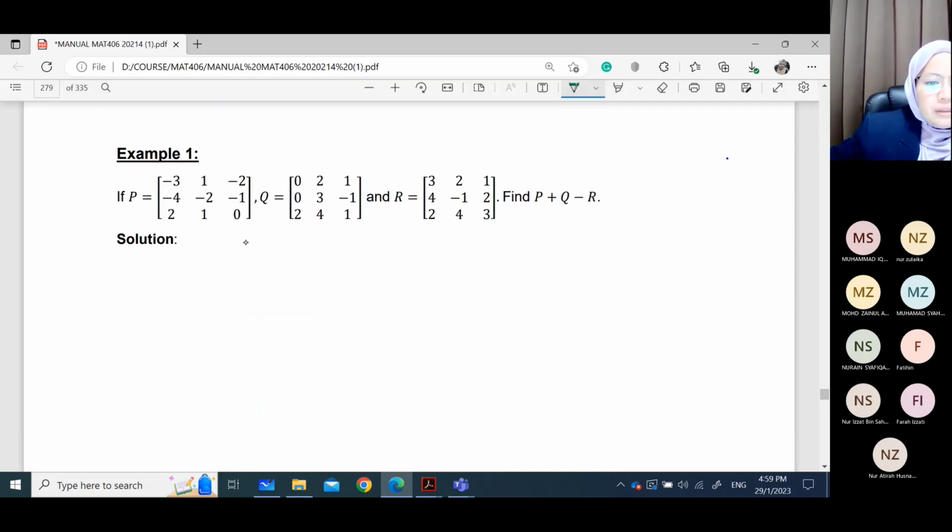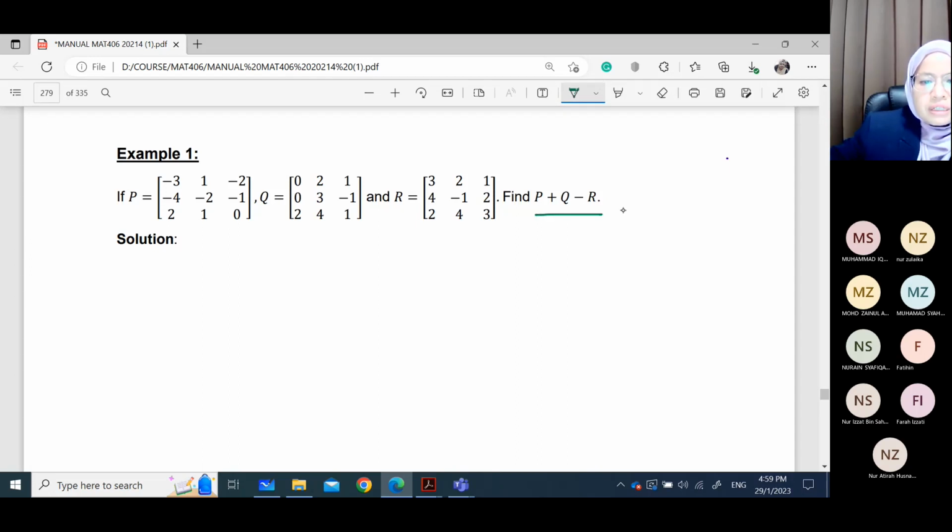Okay, so example 1. So we need to find P plus Q minus R. So P, yang ini, so P plus Q. So here we have this matrix, which is negative 3 plus 0. Kita akan dapat negative 3. So 1 plus 2, we have 3.